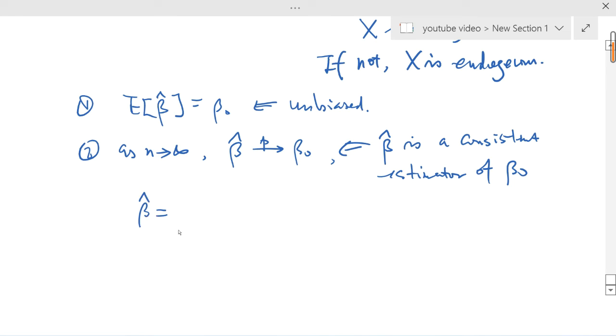Okay, let's check this. We know beta hat is beta 0 plus (x prime x) inverse x prime epsilon.